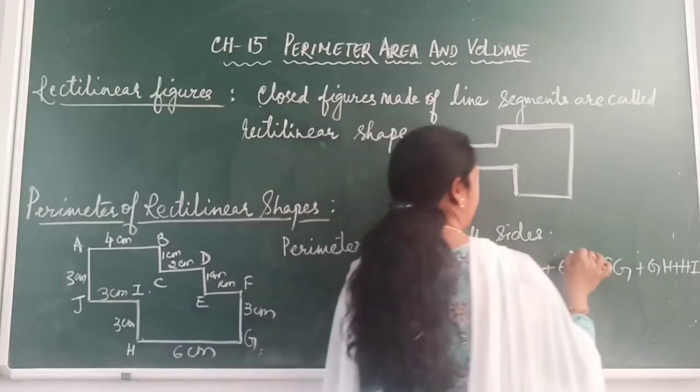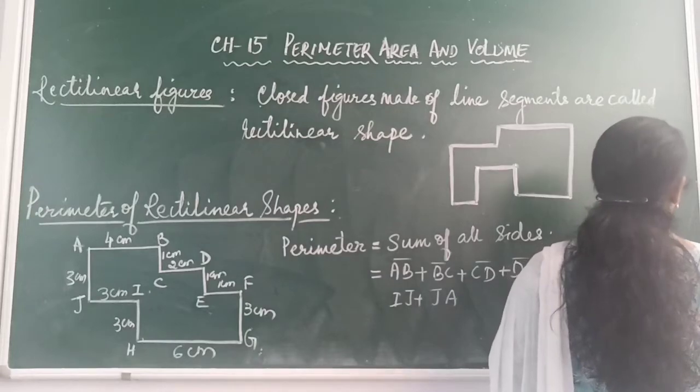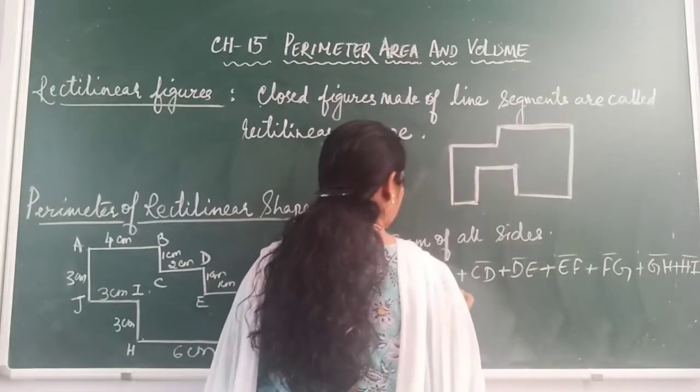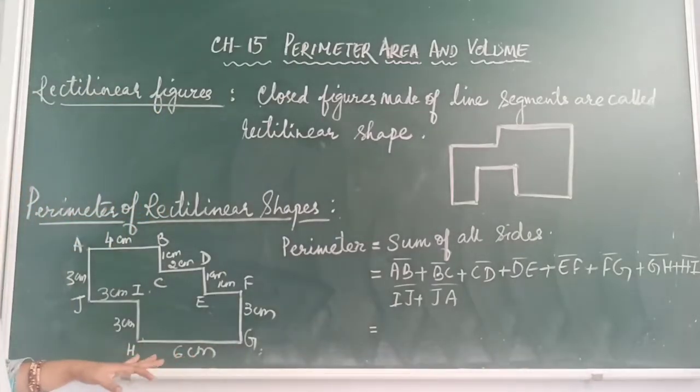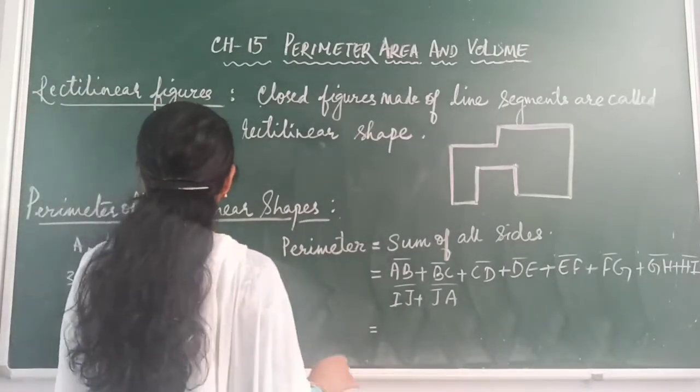Okay, these all are the line segments. These lengths, if you are adding, then you will get your perimeter. Now, just write down the measurements.